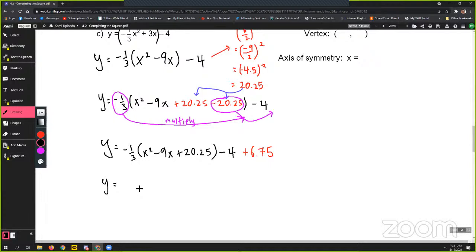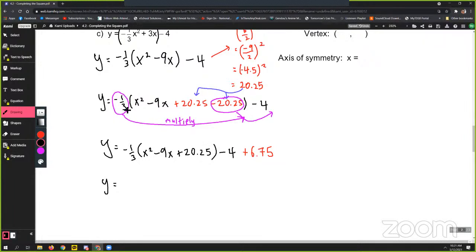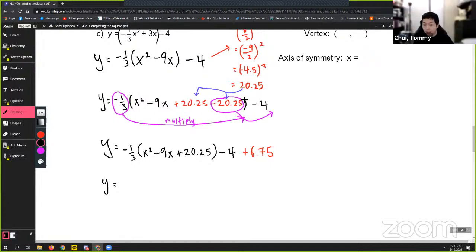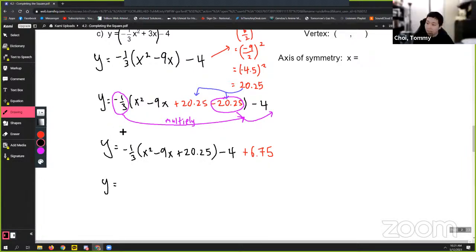Since you're multiplying by 1/3, that's technically dividing by 3. Okay. Yes. That's why fractions are weird, right? So be very careful. So you should get 6.75.